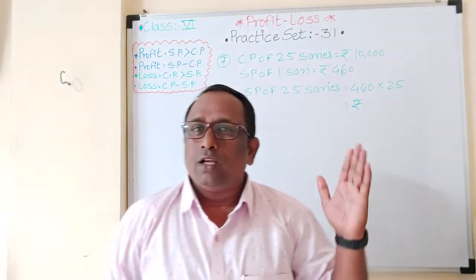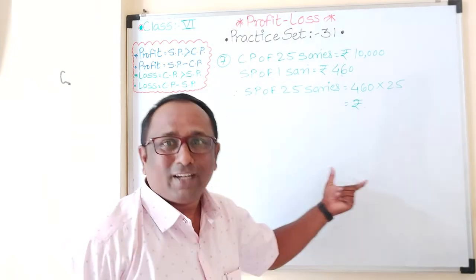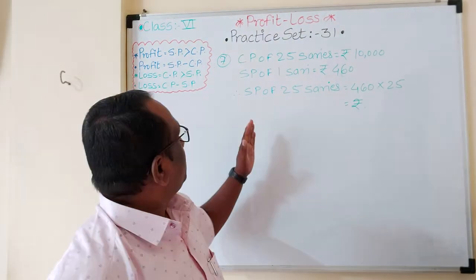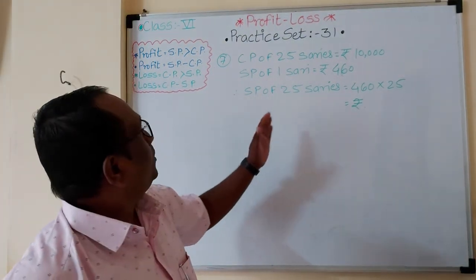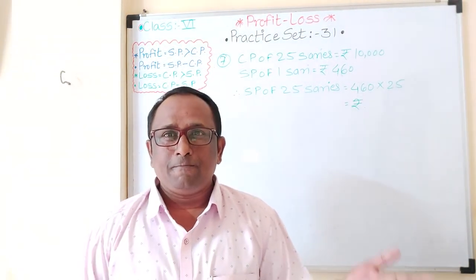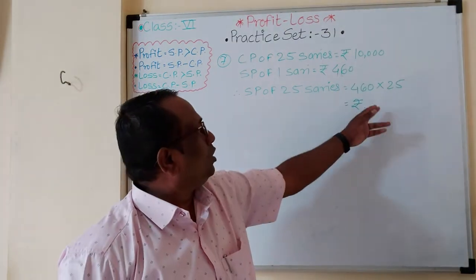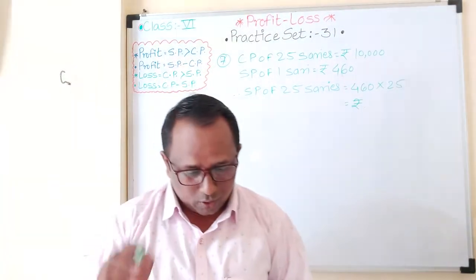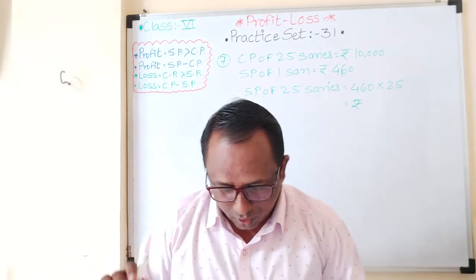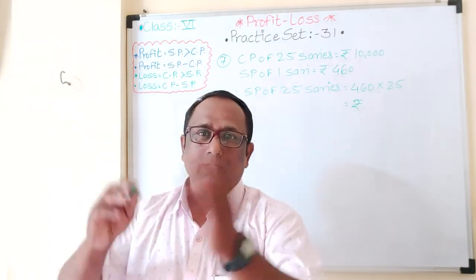So here the selling price is greater than the cost price, therefore you have to write profit. And then profit is equal to SP minus CP. Cost price you know is 10,000, so SP minus CP, then at last you have to write, therefore Kantabai made a profit of rupees dash dash dash dash.